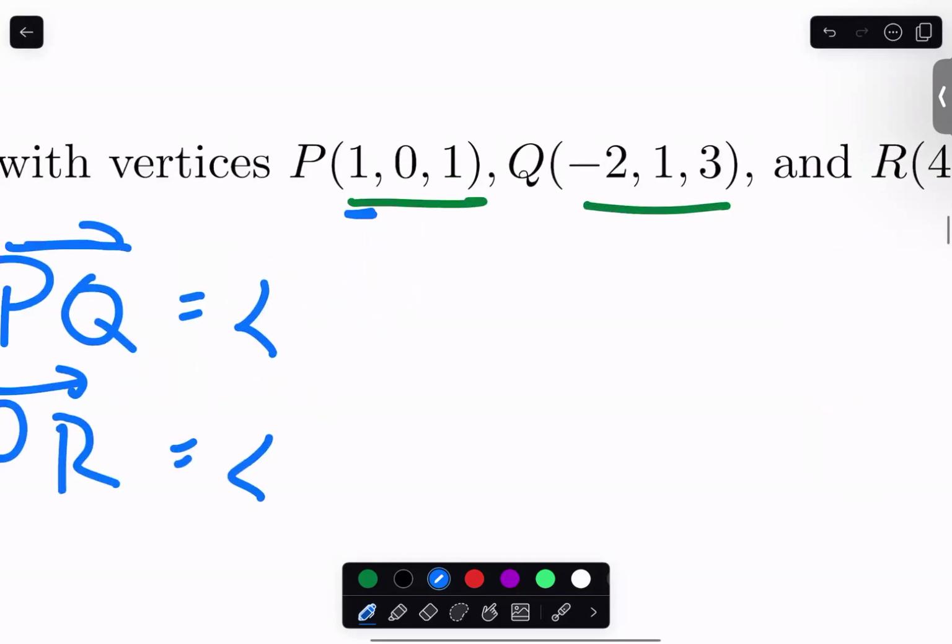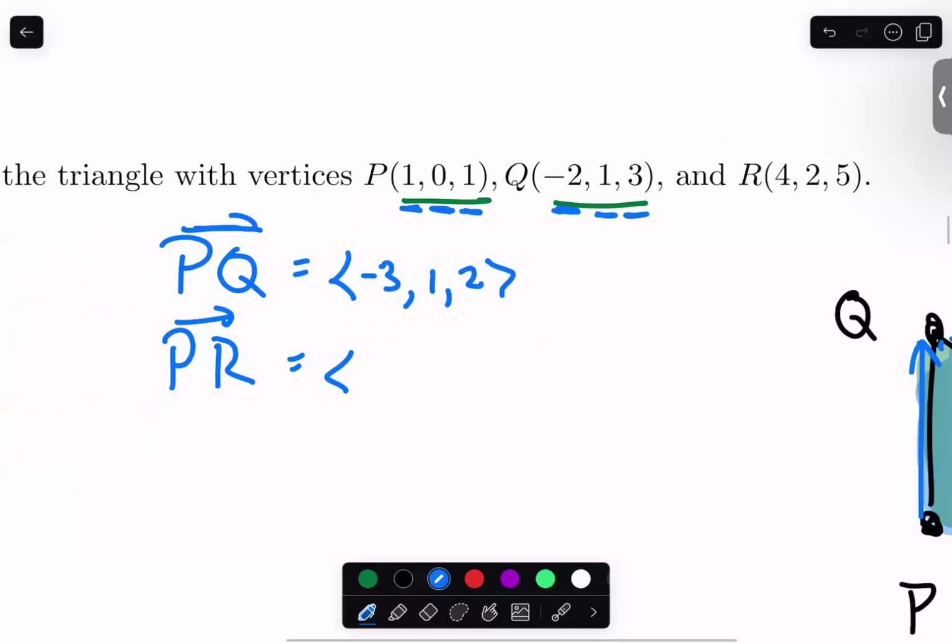If I start at P and end at Q, I start at 1 and end at -2, which means I must have taken 3 steps backwards. If I start at 0 and end at 1, I must have taken 1 step forward. If I start at 1 and end at 3, I must have taken 2 steps forward. But if you like memorizing formulas, this is just the ending point subtracted by the starting, or initial, point. We can play the same game here with PR.